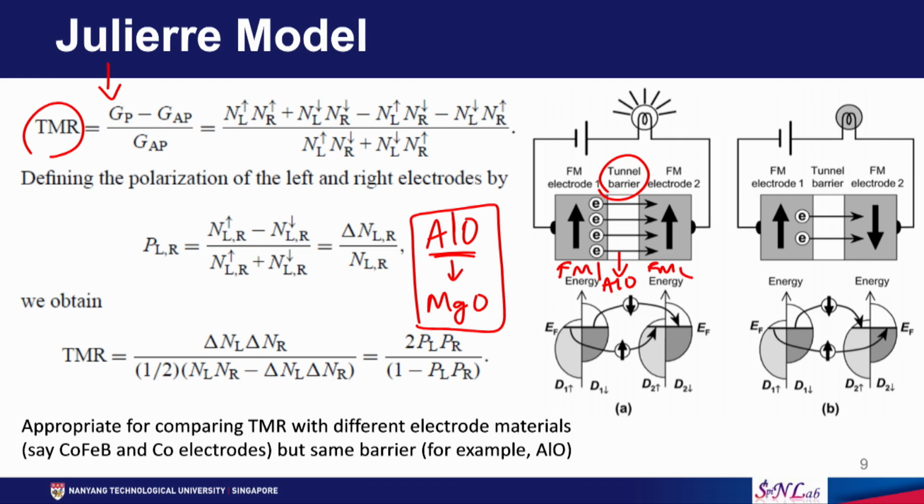Okay, so in this case we consider the density of states on the left side ferromagnet and the right side ferromagnet. So the majority electrons in the left side and right side ferromagnets, and the minority electrons in the left side and the right side ferromagnet. For the parallel configuration, the conductance Gp is given by these two terms.